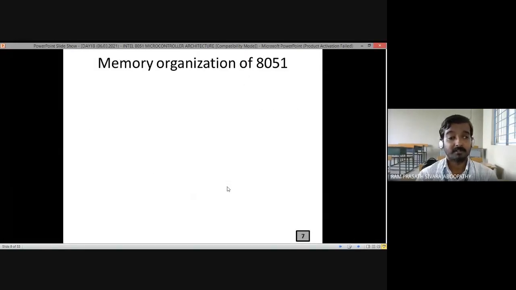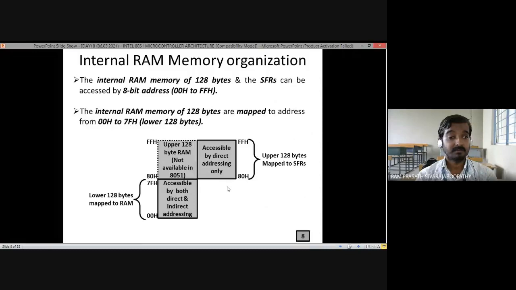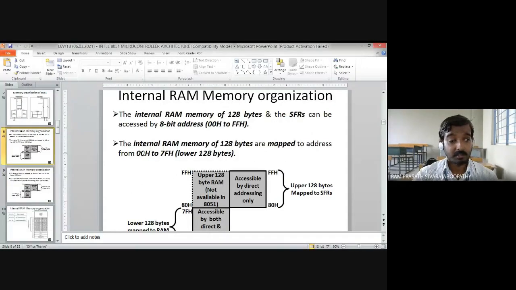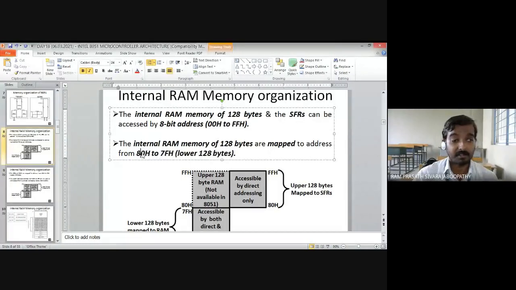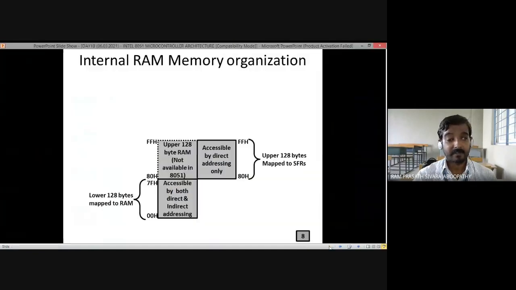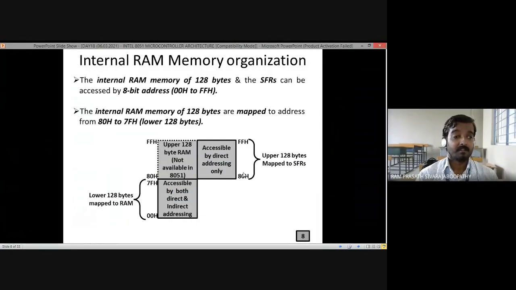So the internal RAM memory of 128 bytes is mapped to the address.